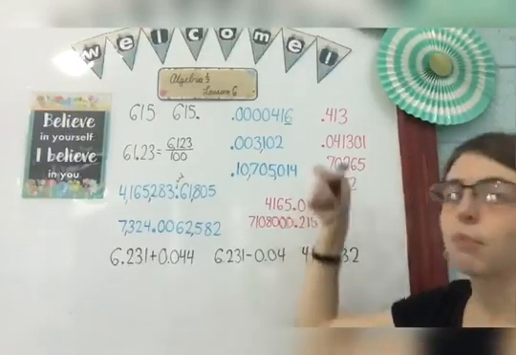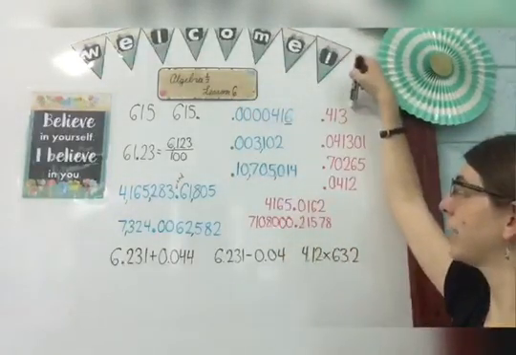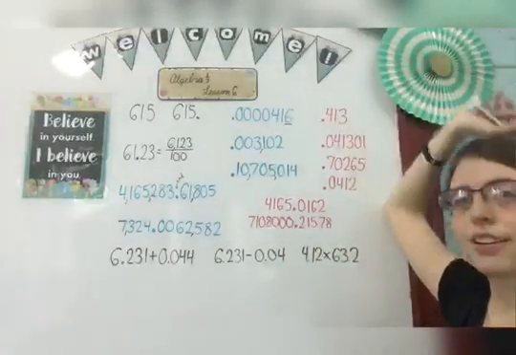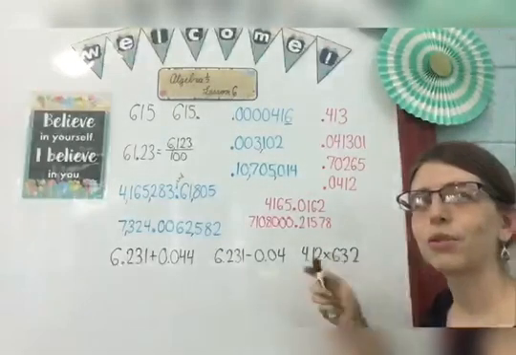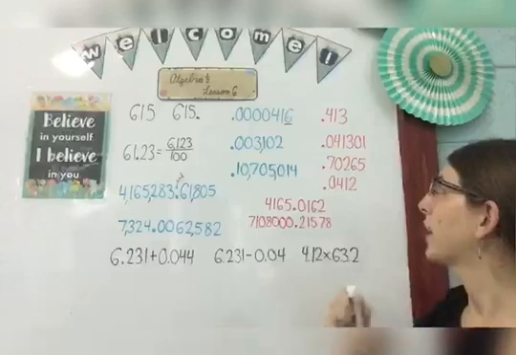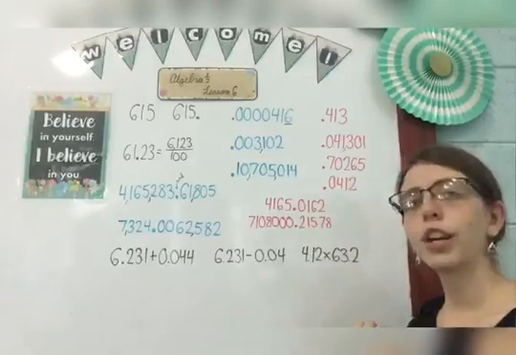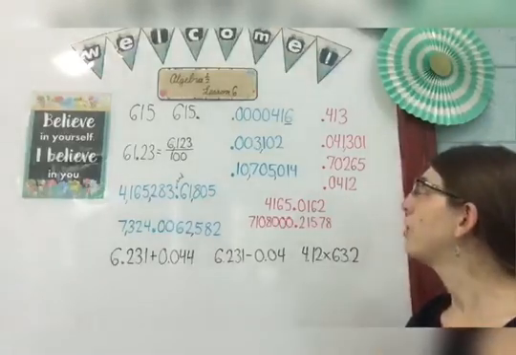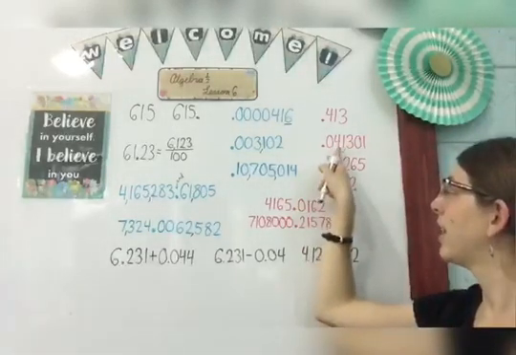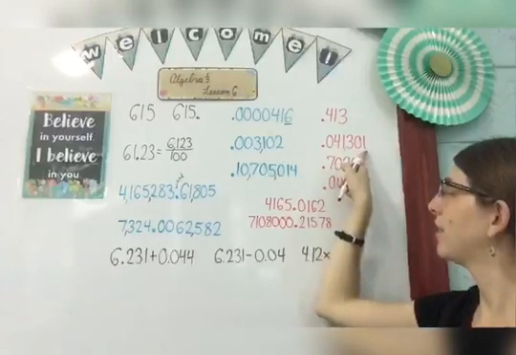Over here we have some more for you to practice with. This would be 413. What's that digit? Thousandths, that's right. So 413 thousandths. Here I'll put a comma in there so I can read my number a little bit easier. 41,301, tenths, hundredths, thousandths, 10,000ths, 100,000ths, millionths.